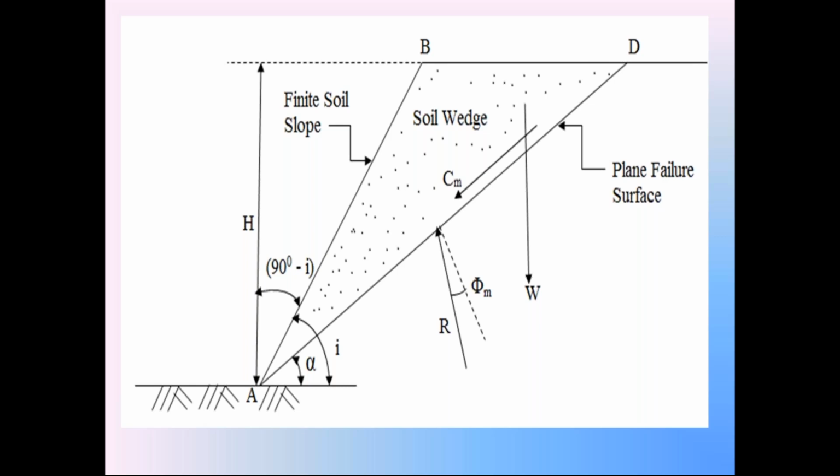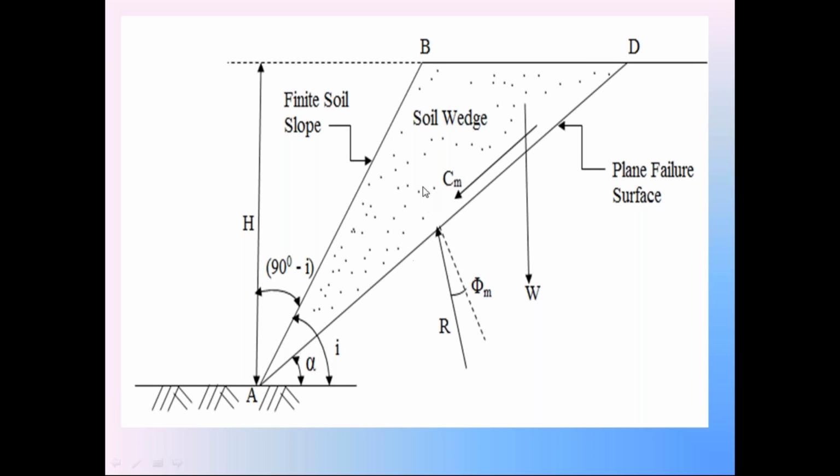In trigonometry, there is a formula to find out the area of a triangle. Since ABD is an isosceles triangle, dear students, please listen to this carefully. The area of triangle ABD is equal to half into length AB into length AD into the sine of the angle between side AB and side AD.